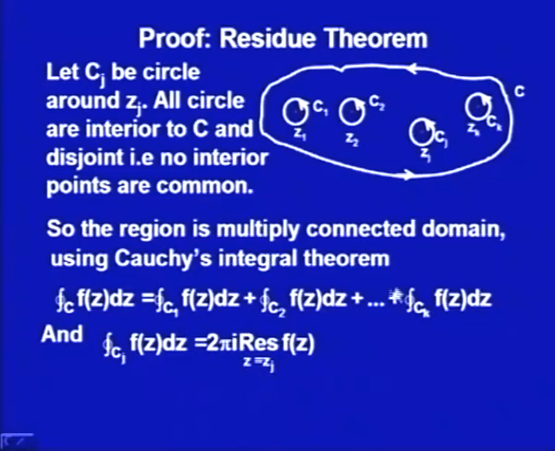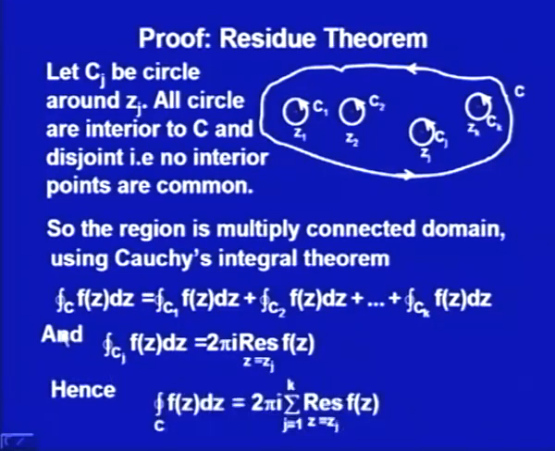Now, substitute this over here. For each one, what we are getting is that the integral of f(z) along this closed contour C should be 2 pi i times the summation of residues of f(z) at the points zj, where the summation is over all singular points. This is our residue theorem.